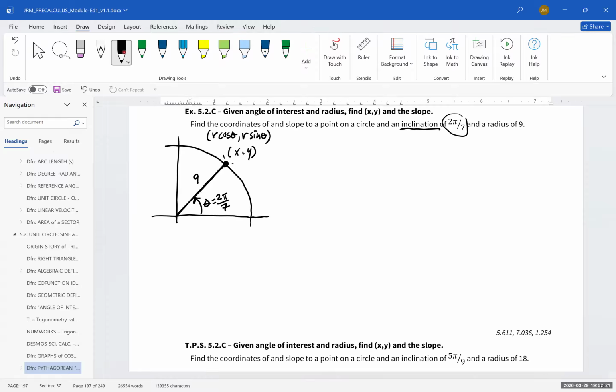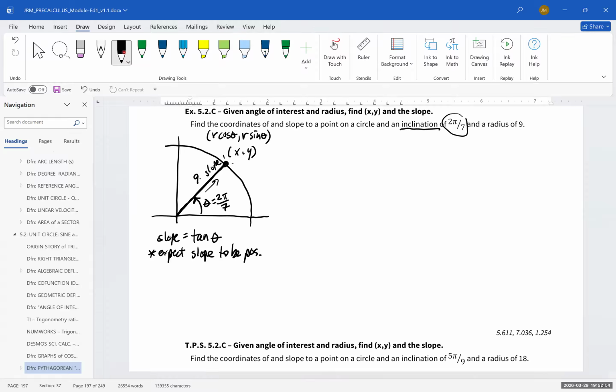Okay, and to find the slope of the terminal side, the slope is going to be equal to the tangent of our angle of interest. So we can expect the slope to be positive because this line is going up and to the right.